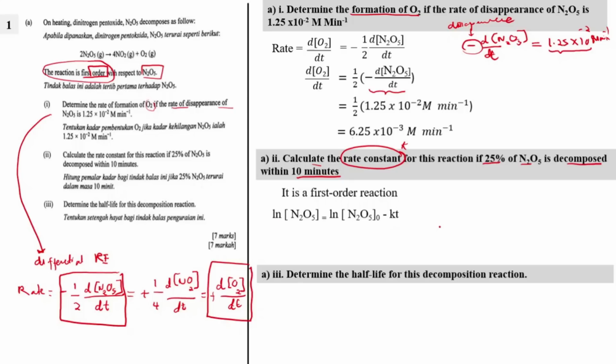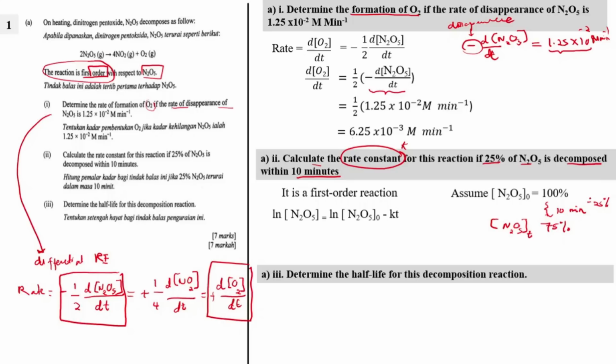And then initially, you know that our initial concentration of our reactant is 100%, which is N2O5 initial to be 100%. But after 10 minutes, 25% is reduced, is decomposed. Okay, we lost 25%. So after 10 minutes, what we're going to be left with is 75%. So this is our concentration of N2O5 at time t, where t here is 10 minutes.